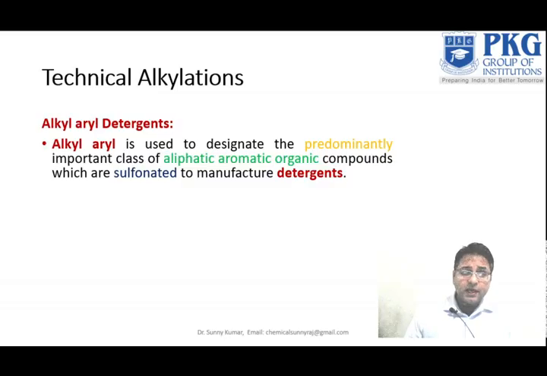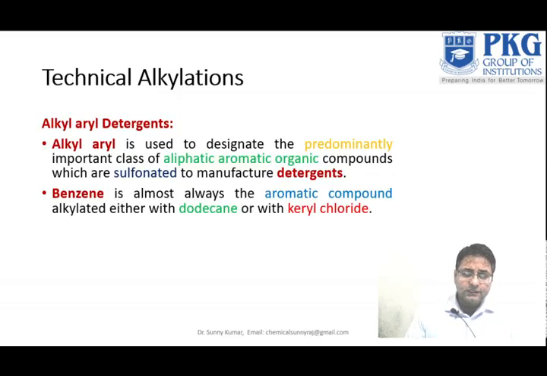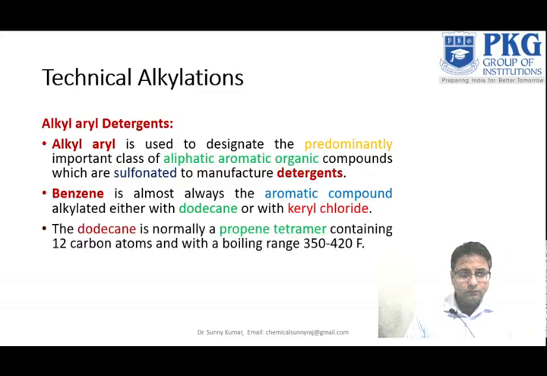Benzene is almost always the aromatic compound alkylated, either with dodecene or with alkyl chloride. The dodecene is normally a propylene tetramer containing 12 carbon atoms, with a boiling range of 350 to 420 Fahrenheit.